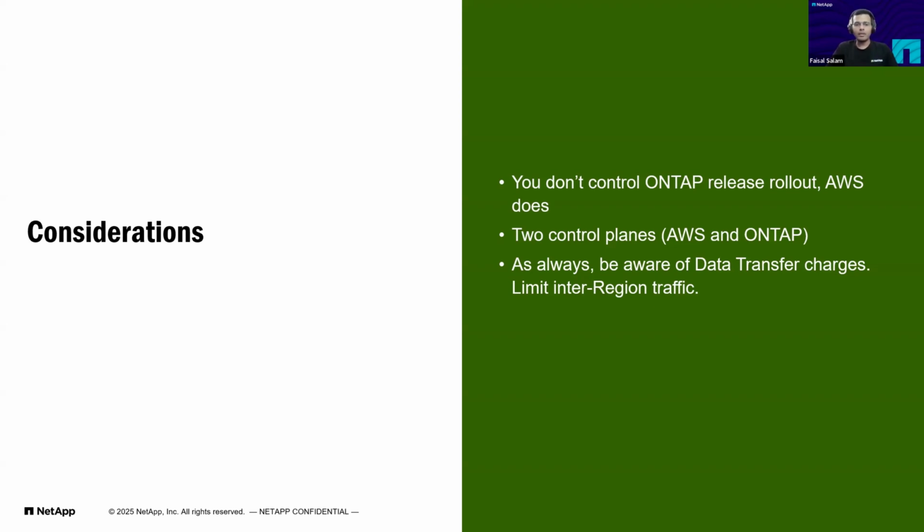And on the ONTAP side, you could connect to it like regular ONTAP. You can create additional accounts. There's role-based access that's available. You could create SVM level accounts, right? The same that we do with on-premises. So ONTAP CLI is one option, and the other is BlueXP.